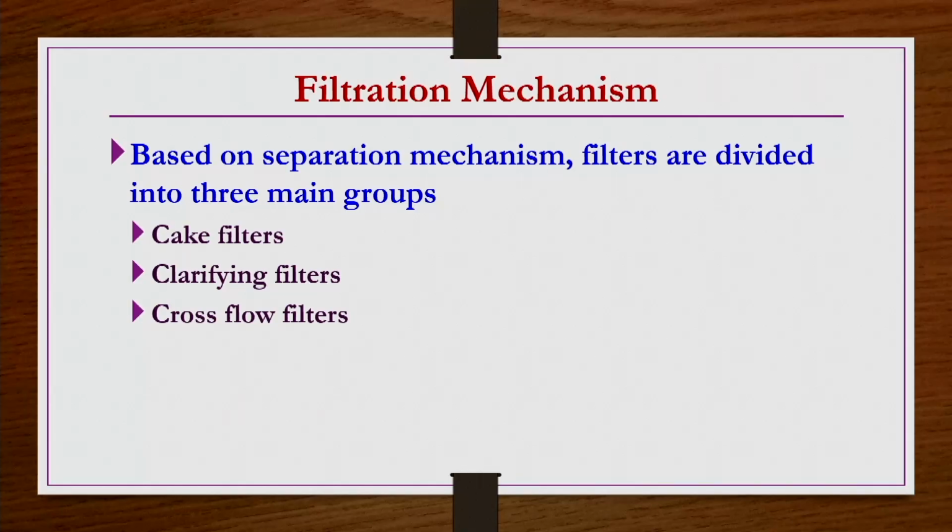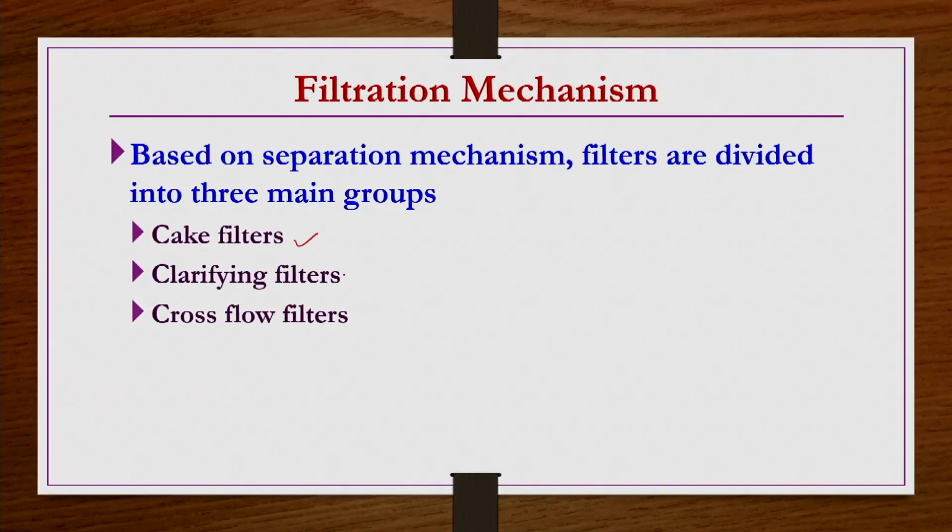We see a few details of each of them right now and then we see the details of each of them in subsequent lectures. Principles of cake filters and cross flow filters we are going to see later on, but at the end of this lecture we will be discussing principles of clarifying filters.